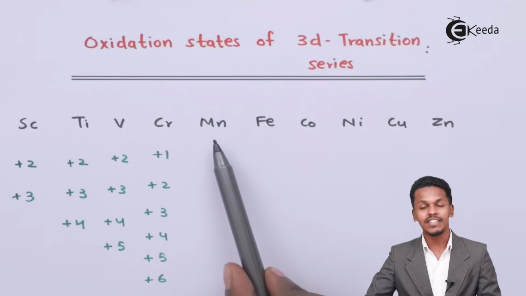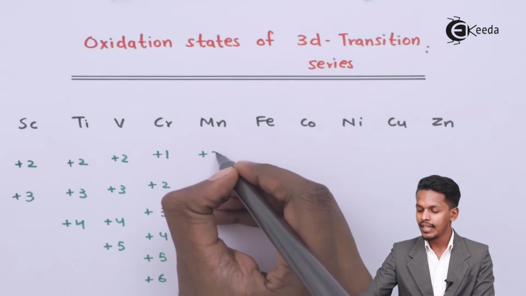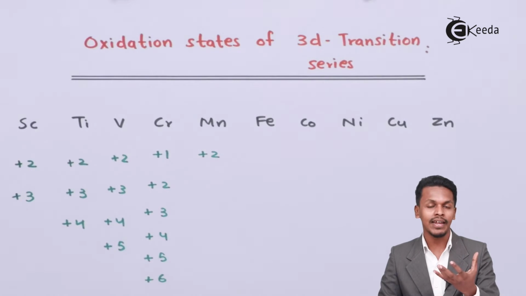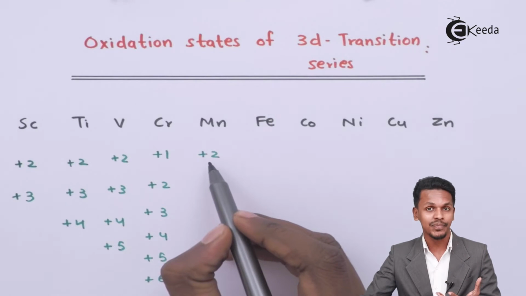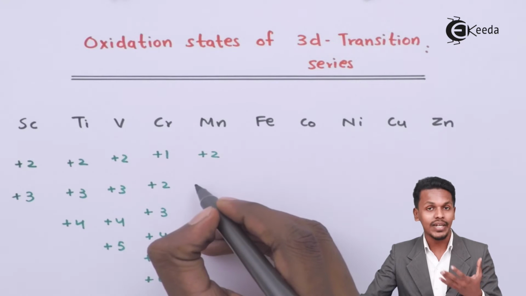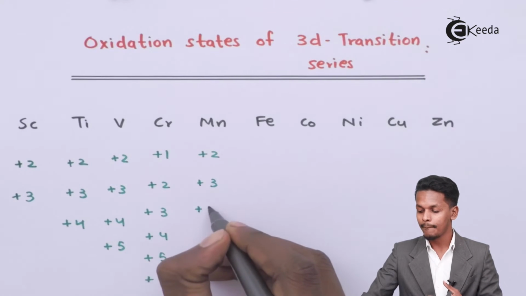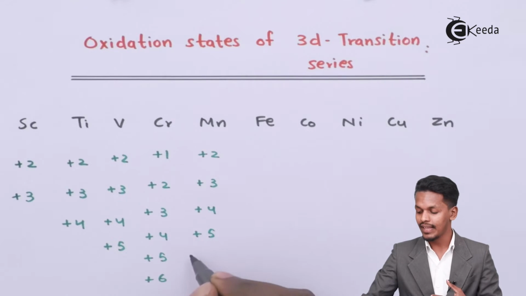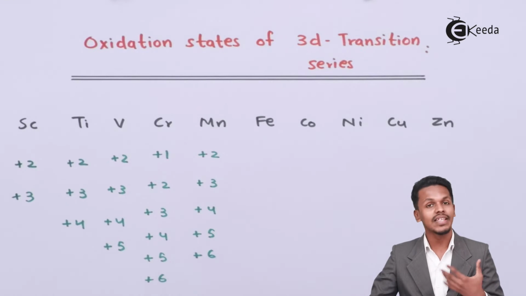Now let me talk about manganese. Manganese has an electronic configuration that we can write as argon 18, 3d5, 4s2. The 2 electrons located in the s orbital can be lost, making the oxidation state +2. If the remaining d electrons are lost as well, we get +3, +4, +5, +6 as well as +7.